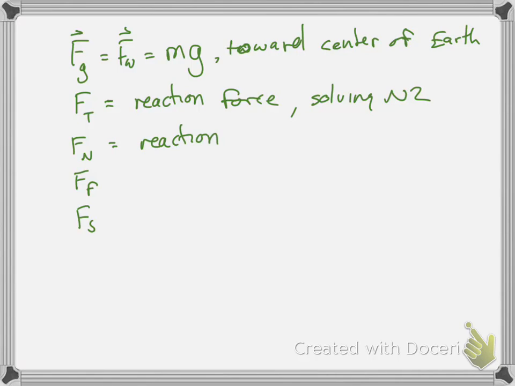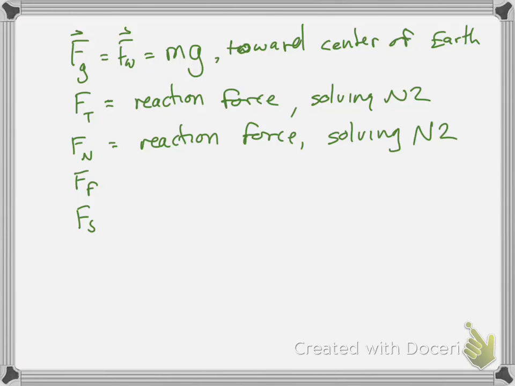We actually saw this when we first defined normal force, that the normal force is a reaction force, usually gotten to by solving Newton's second law, because a box on a floor, if the box has a weight of 150 pounds, then it's pushing on the floor with a force of 150 pounds if it's not moving, and the floor is therefore pushing back on it with a force of 150 pounds, and the normal force is 150 pounds.